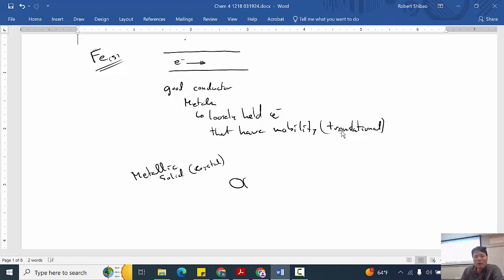Crystals just have well-ordered arrangements of atoms, whereas in non-crystalline substances, there's some disorder in the arrangement. This metallic solid just consists of a lattice of iron atoms.